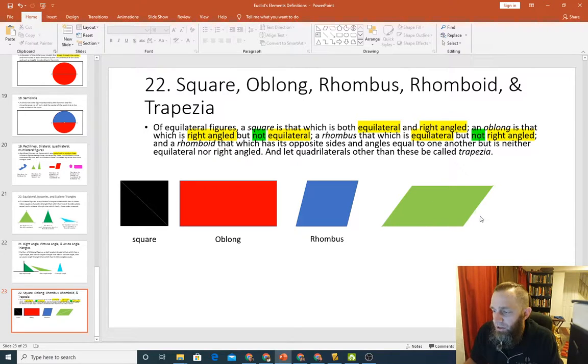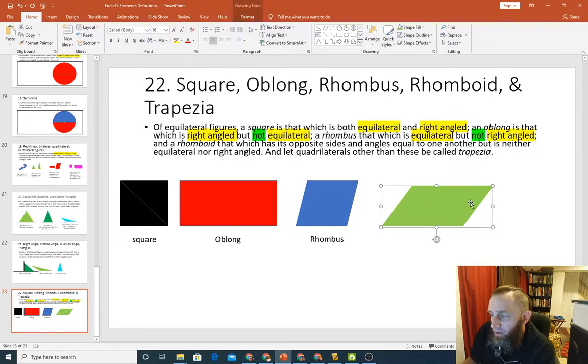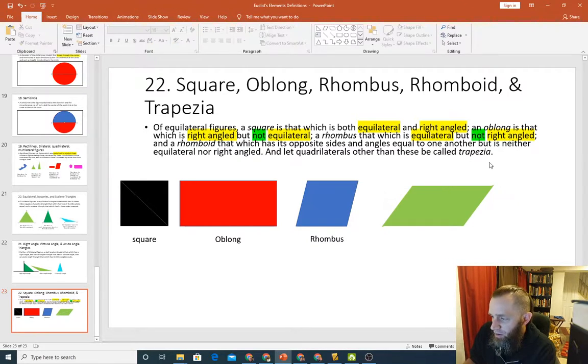These are equal. This is an obtuse angle right here. So it's not equilateral. It's not right angled. These are equal, and these are equal. But all of the sides aren't equal with each other.